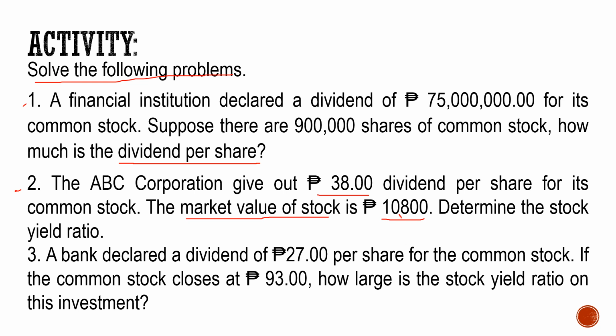So for problem number 2, you're asked to solve for the stock yield ratio. And for number 3, a bank declared a dividend of 27 pesos per share for the common stock. If the common stock closes at 93 pesos, how large is the stock yield ratio on this investment?